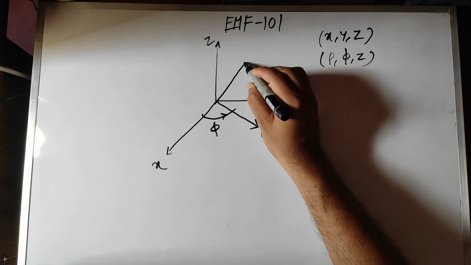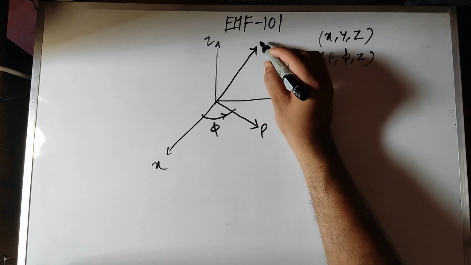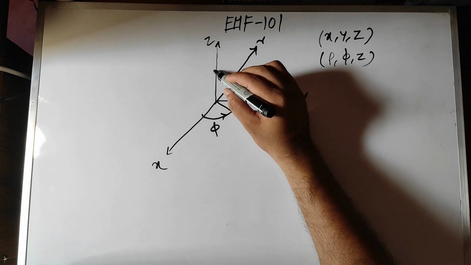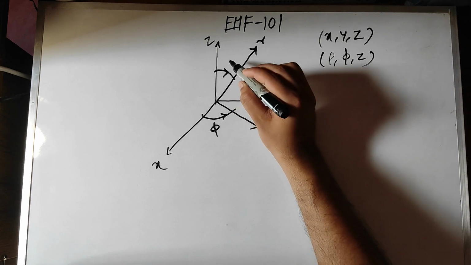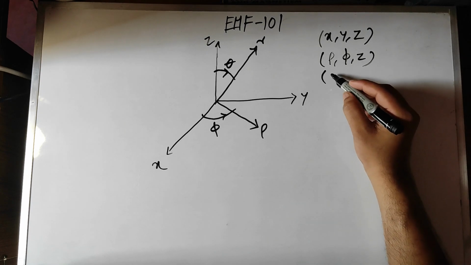Now r, theta, and phi are spherical variables.